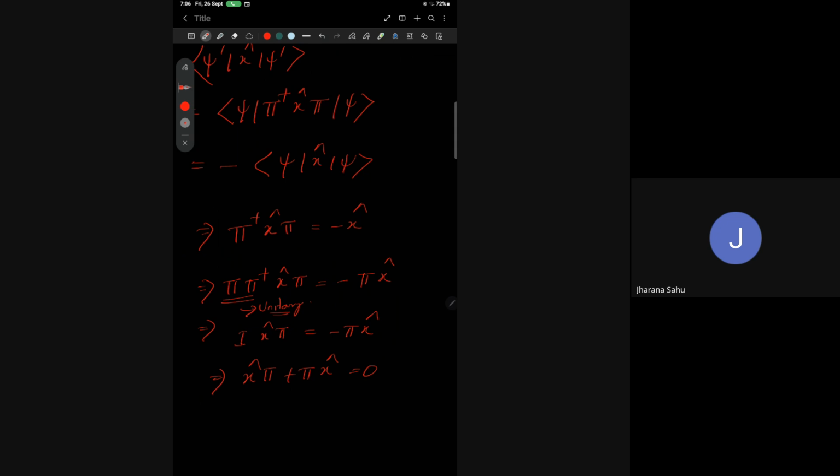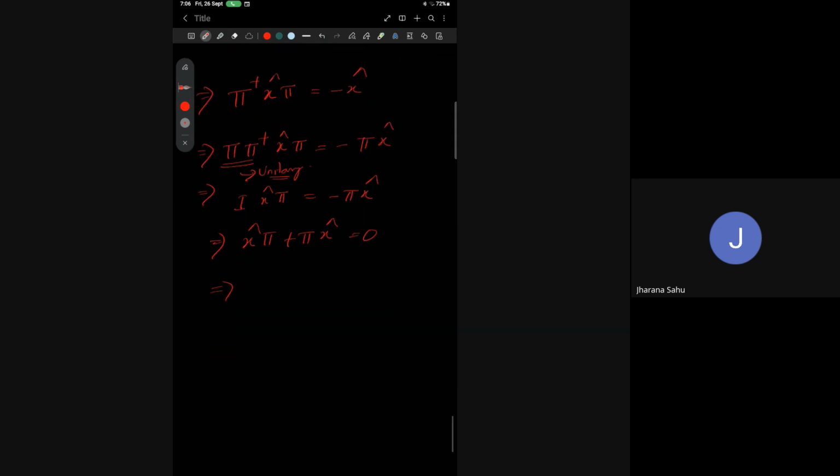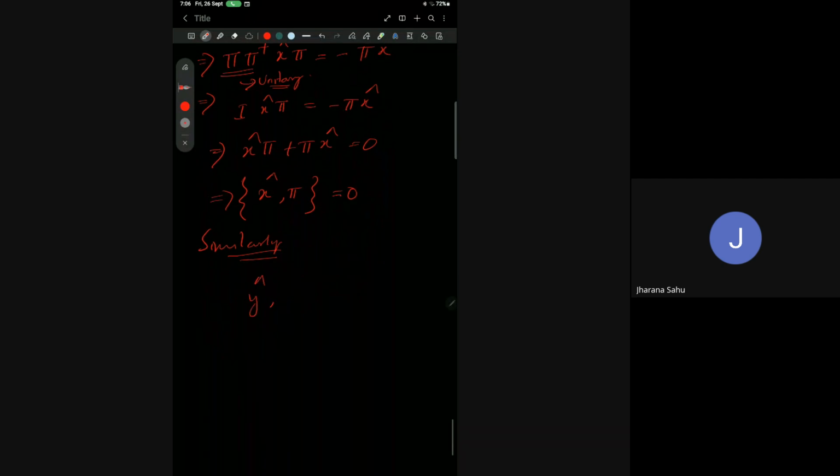Okay. So this is written as an anti-commutator bracket. The anti-commutator of x and pi is equal to 0. Similarly, we can write that the anti-commutator of y and pi is equal to 0, and that of z and pi is equal to 0.